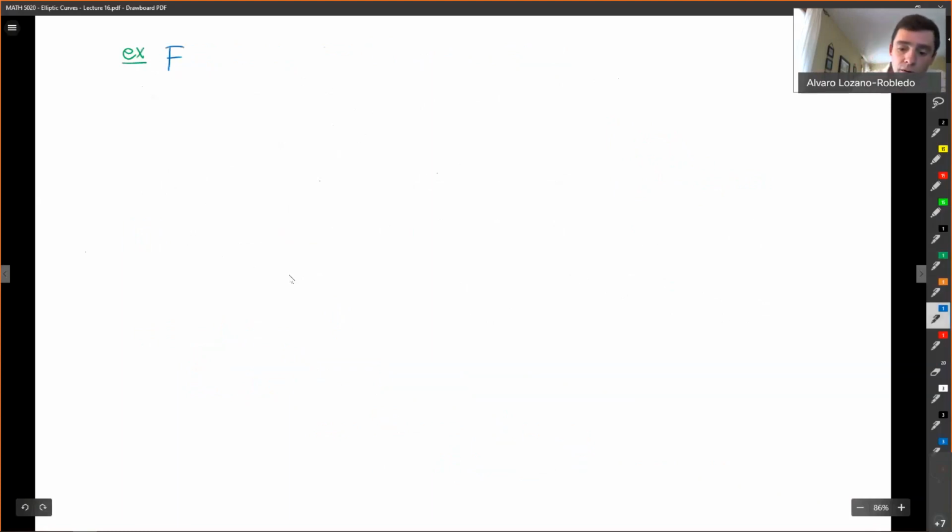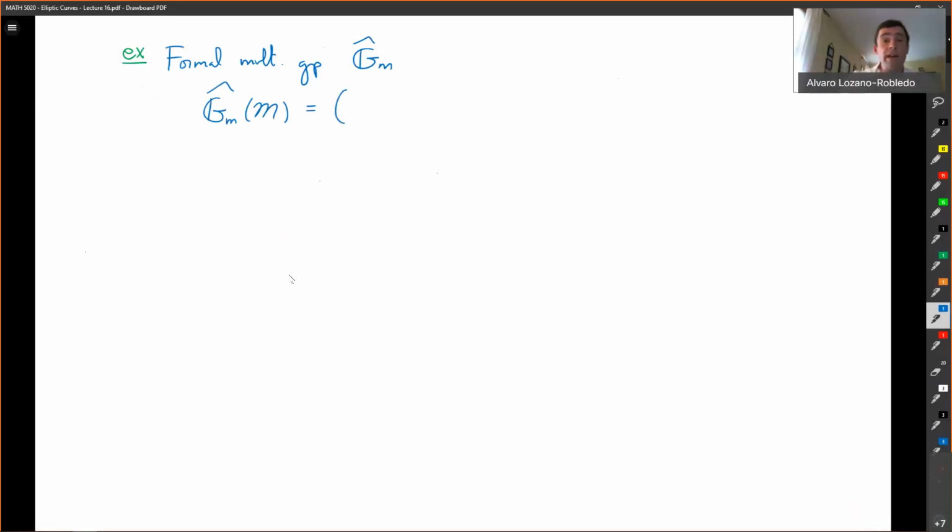Okay. So what about the multiplicative group? The formal multiplicative group G_m, now when I add points to it, for every element in the maximal ideal, 1 plus that element is a unit. So the group that you actually get is isomorphic to 1 plus M under multiplication. Okay, so those are units under multiplication.